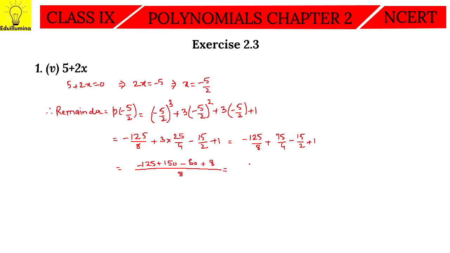So minus 125 minus 60, it will be equal to minus 185 and 150 plus 8 is 158. So it will be equal to minus 27 divided by 8. So the remainder is minus 27 by 8.